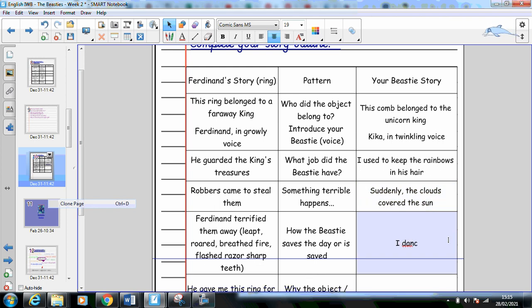Kika might have danced, bounced, and swayed, and say something about Kika's character, because we know Ferdinand had razor sharp teeth.